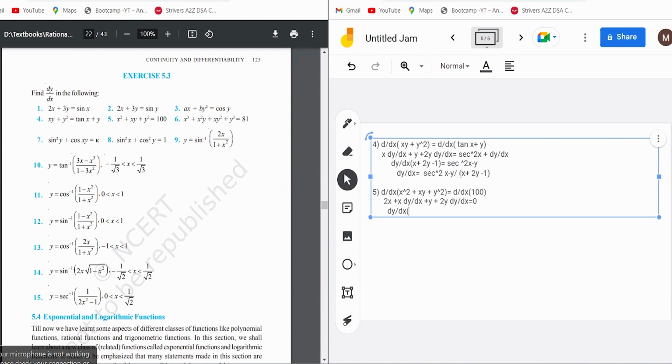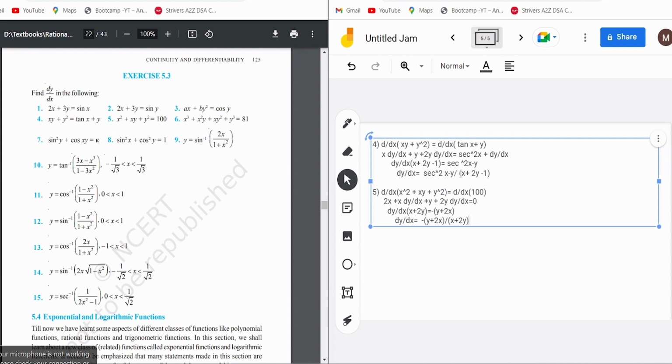So taking dy by dx common, I will get x plus 2y. ठीक है, x plus 2y equal to minus y minus 2x, because उधर जाएगा तो it would be minus of y plus 2x. ठीक है, तो यहाँ से मुझे मिल जाएगा dy by dx equal to negative of y plus 2x divided by x plus 2y. जल्दबाजी में इसको कैंसिल मत कर देना, बिकॉज एक में 2x के साथ है, एक में 2y के साथ, so it would not be cancelled. So this is our final answer to this question.